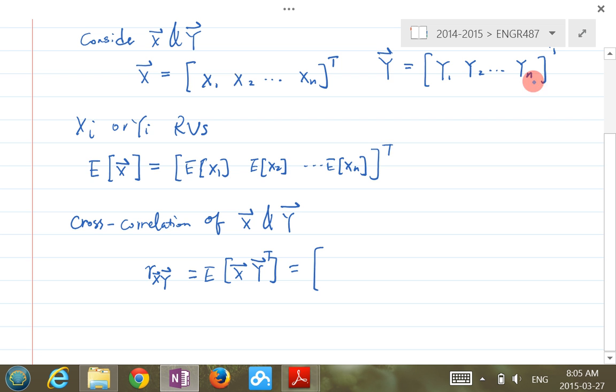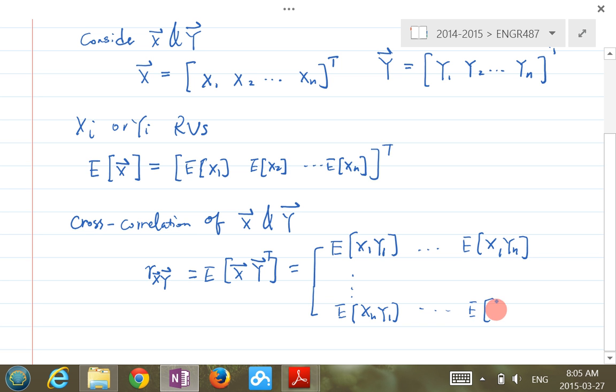This is n by 1, and that's 1 by n after transpose, so you end up with an n by n matrix, right? What that gives us is the expected value of x1 y1, up to the expected value of x1 yn, the expected value of xn y1, and the expected value of xn yn.